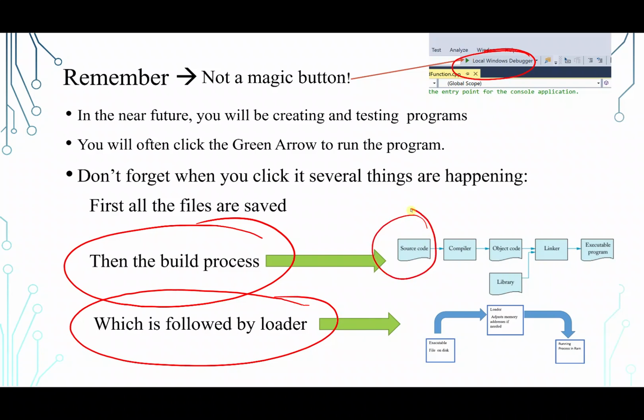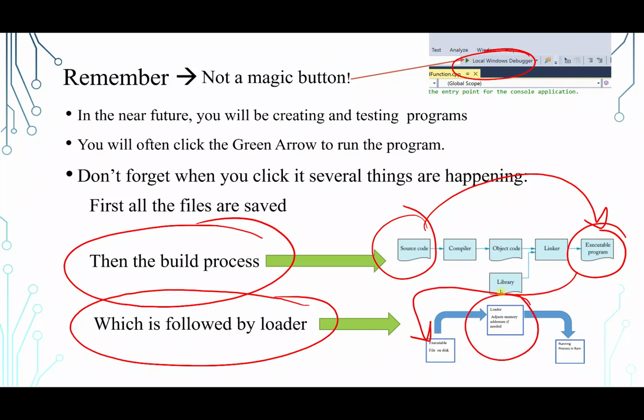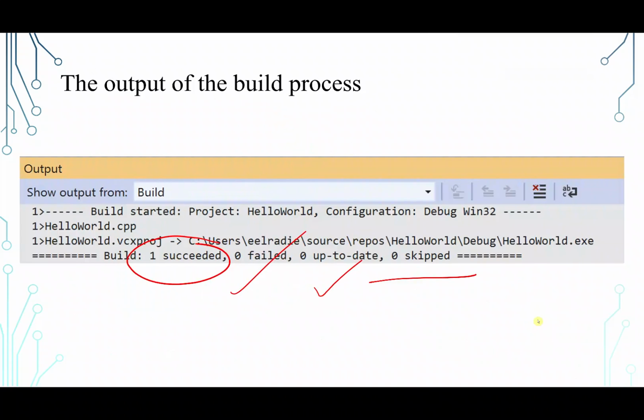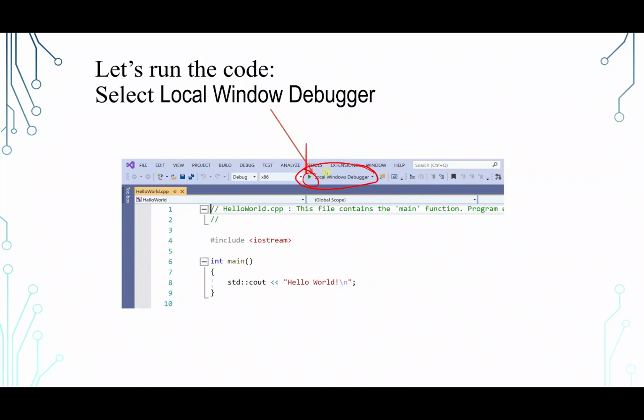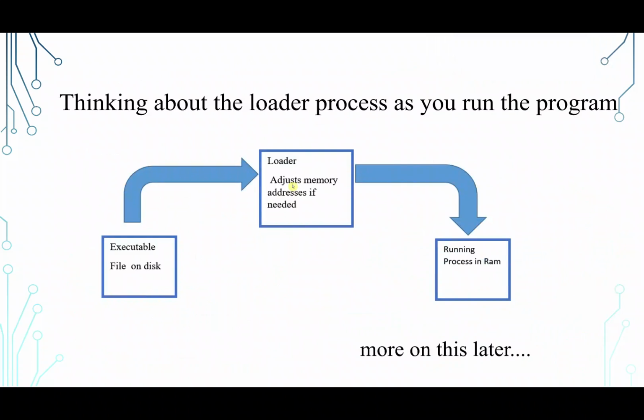So taking your source code, eventually having an executable file, then your executable file is going to be loaded, adjusting the memory and all these things. Then it's becoming a running process in RAM. So basically, this build is just going to create the executable file. But this one, the little arrow, is going to do both the build process and the loading process.